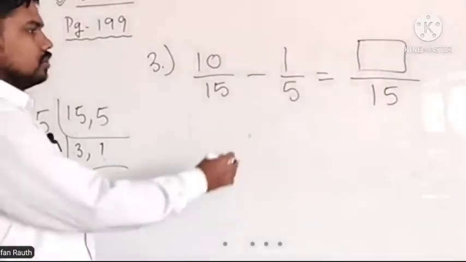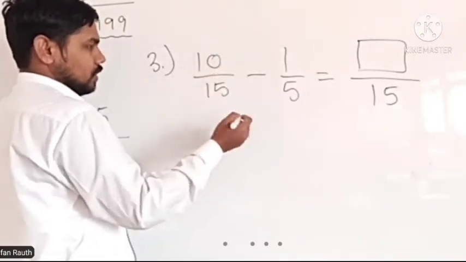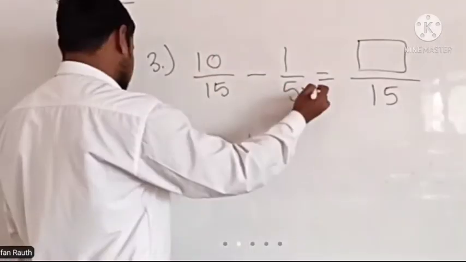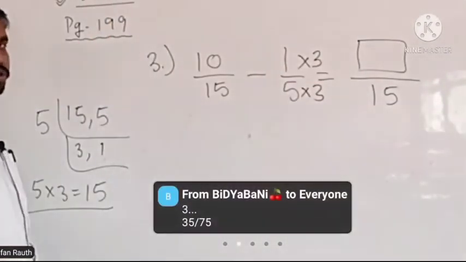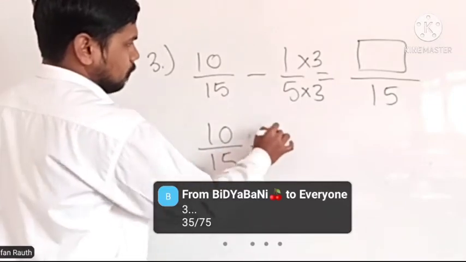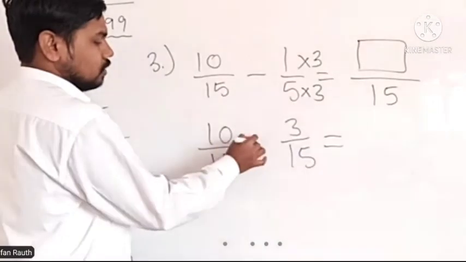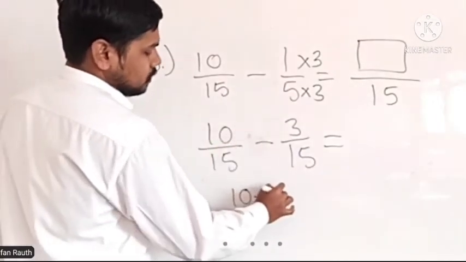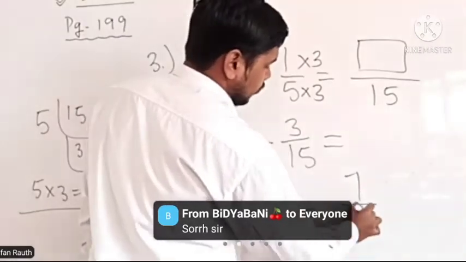So you need to make the denominator 15. If you multiply 5 by 3 then it will be 15. 1 तो नहीं भी लिखोगे चलेगा, इसमें जस्ट आपको 3 से मल्टीप्लाई करना है. So if you multiply by 3, you need to multiply the numerator by 3 also. Then the result will be 10 divided by 15 plus 3 divided by 15. Not plus, this is minus, sorry. So now it will be 10 minus 3 divided by 15, which is equal to 7 divided by 15.